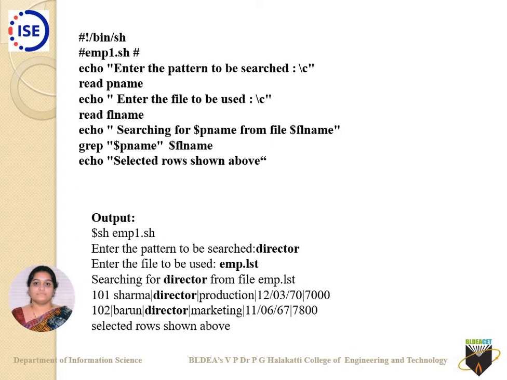Again I'll repeat the problem statement: write a shell script to search a particular pattern from a particular file name, and it has to print on your screen the number of occurrences of that pattern name in that file. How do you write this shell script? Let me have an answer in my interaction class.